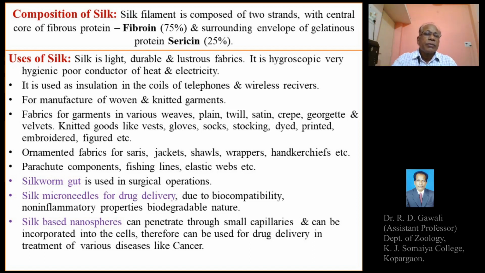So two importance which are mentioned here in the uses of the silk, that is production or use of silk microneedles, which are very thin, having very less micro diameter, and these are used for the drug delivery because of its biocompatibility, non-inflammatory properties, biodegradable nature, or non-allergic nature, or non-immune nature, or non-cytotoxic nature.